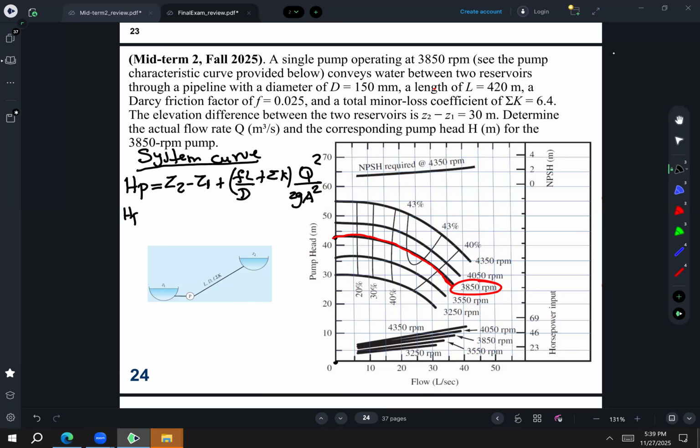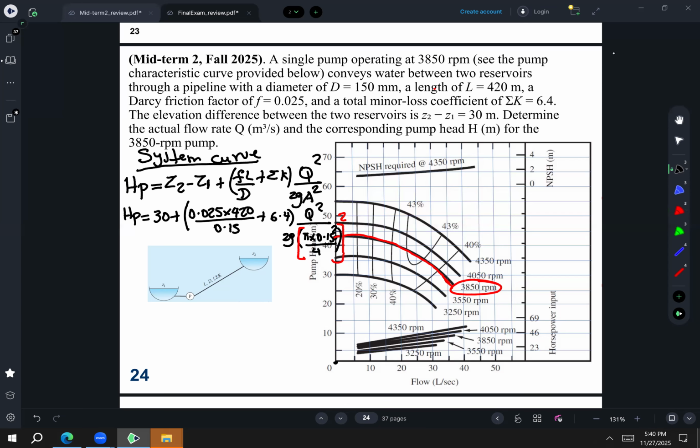So Hp will be equal to z2 minus z1, which is 30, plus f is 0.025, the length is 420, the diameter is 0.15, sum of K is 6.4, times Q squared divided by 2 times gravity times A squared. And area is equal to pi times 0.15 squared divided by 4, and all of that squared because it tells us A squared.